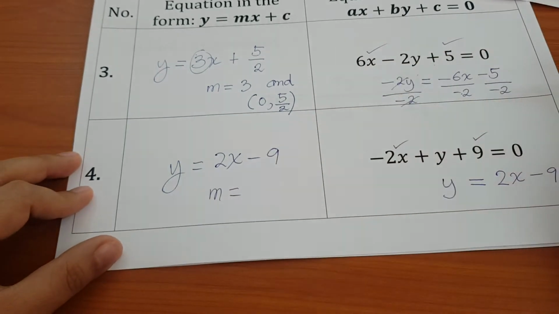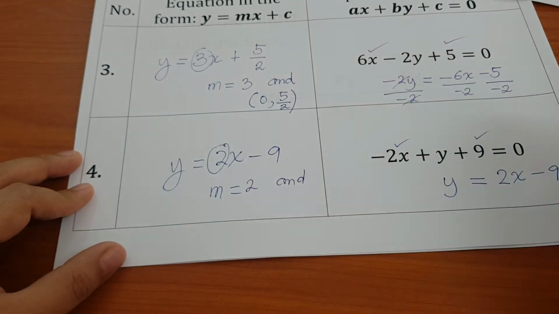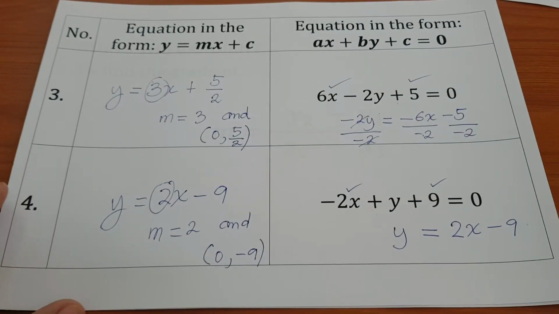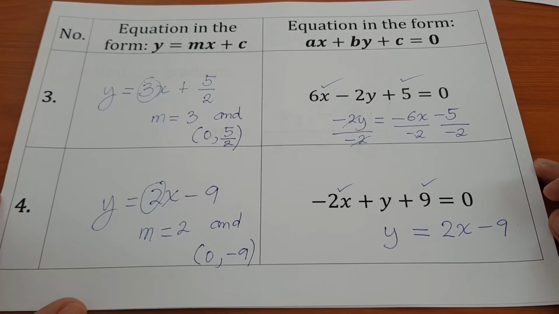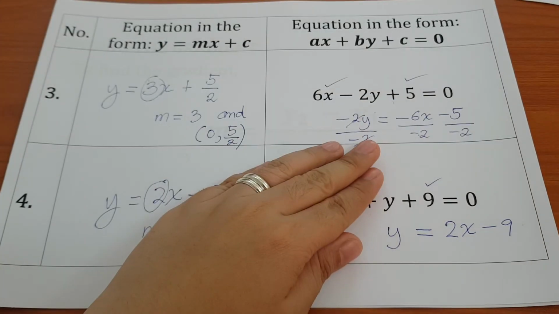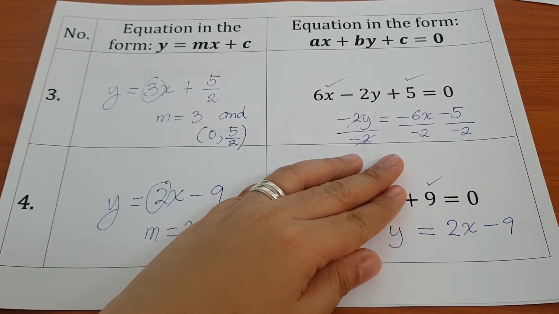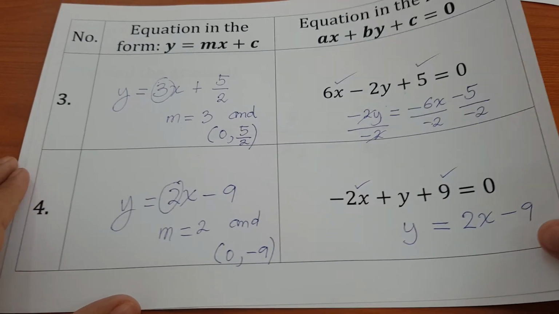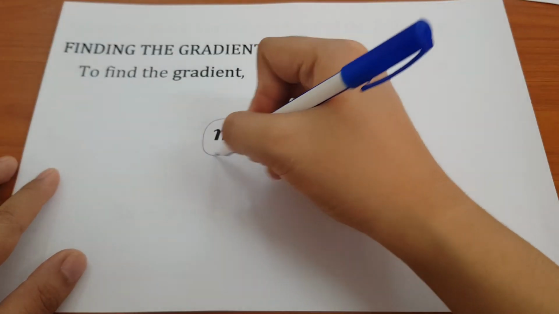So m is the coefficient of x, which is 2, and the y-intercept is (0, minus 9). Now we know how to change from y equals mx plus c to ax plus by plus c equals 0, and from ax plus by plus c equals 0 into y equals mx plus c.